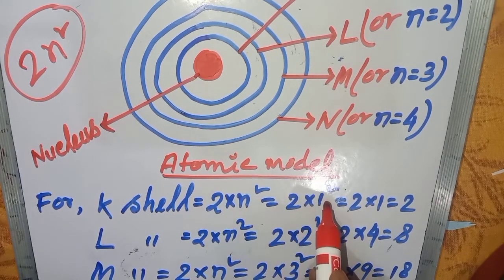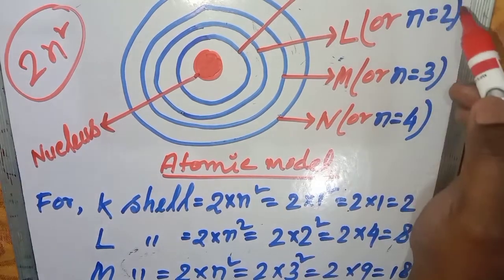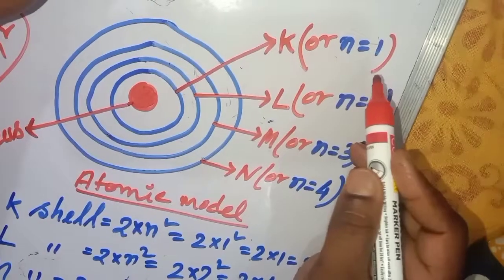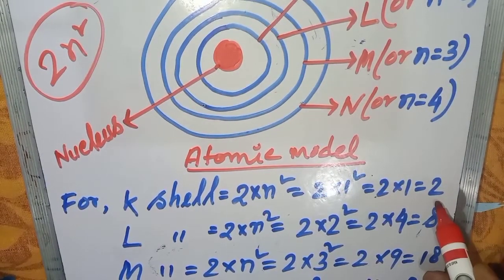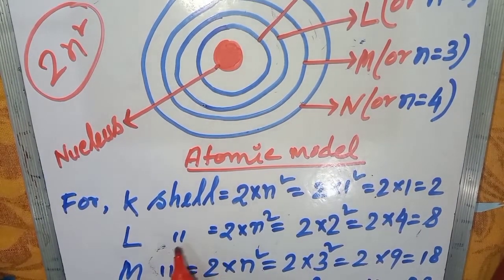For the K shell, 2 into 1 square, that is 2 into 1, that is 2. L shell, 2 into 2 square, that is 2 into 4 equal to 8.